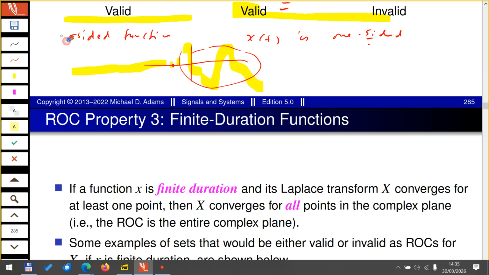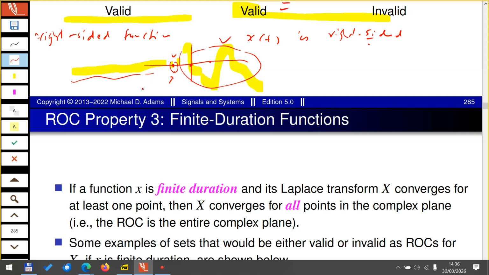You should say right-sided or left-sided. A right-sided function must be zero below a point, and that point must exist. This point can be negative, positive, or zero. When it is zero, we call it a causal function. The focus is on the zero part; you don't care what happens elsewhere.